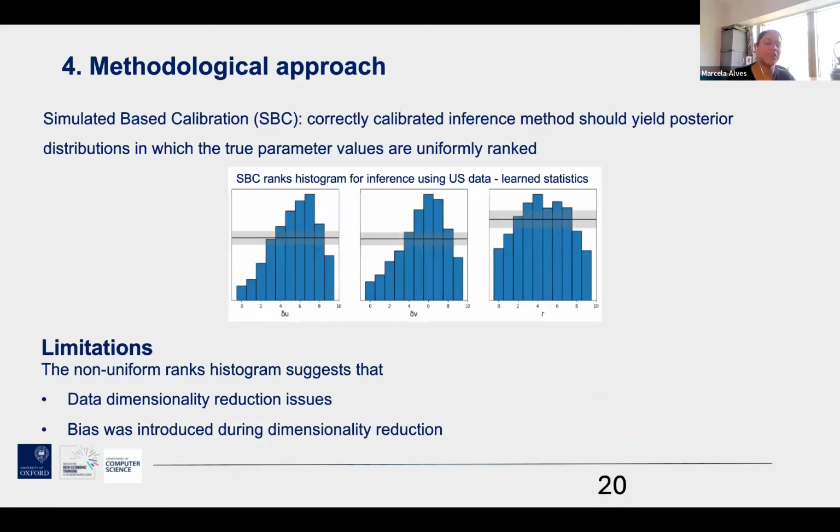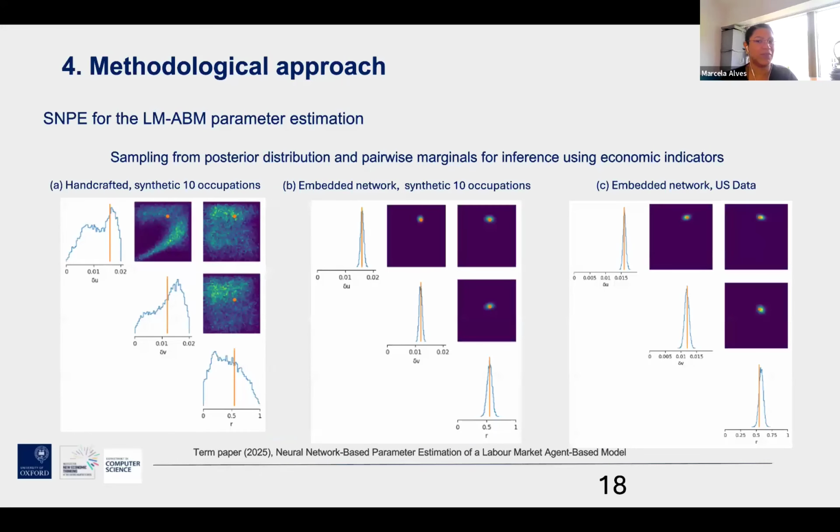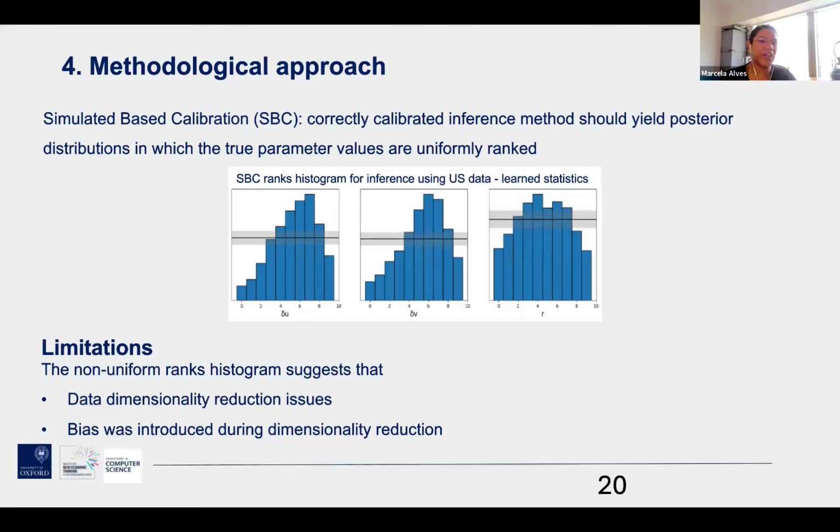And also, when we do the validation part, there is a very specific algorithm that's used. The validation actually gives us some research directions, which is, hey, your neural networks are really good for the US labor market, like B and C, great. However, there are some limitations when we do the posterior.